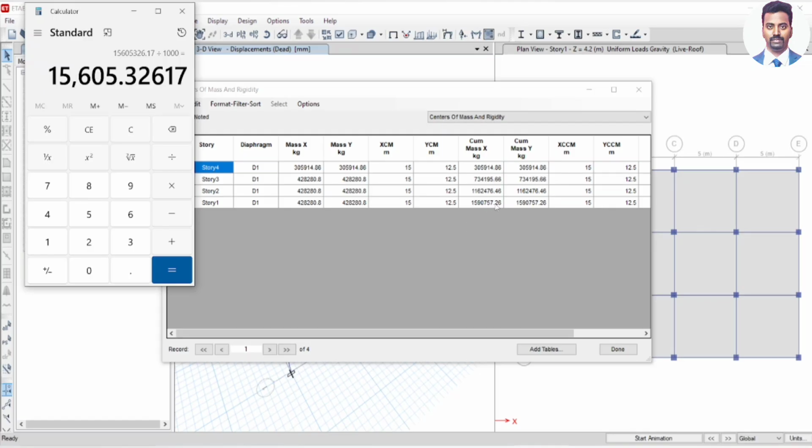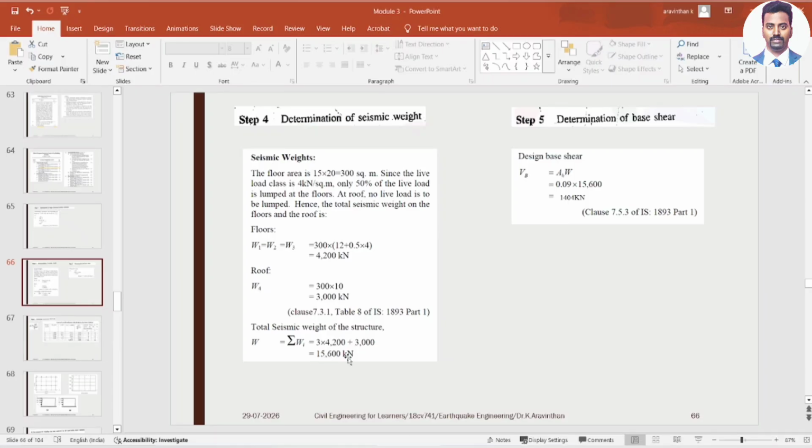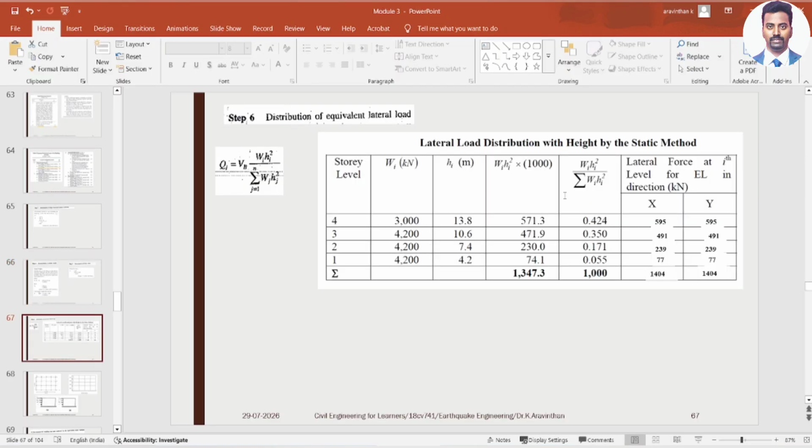So this is our total load. This is the cumulative mass, and in ETABS we are getting 15,600. The same value 15,600 is your base shear here, and we got our base shear value. In the equivalent static method, we got the lateral force, and each and every floor has a value.